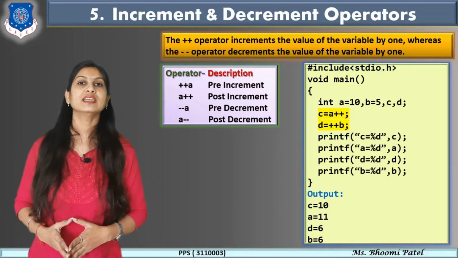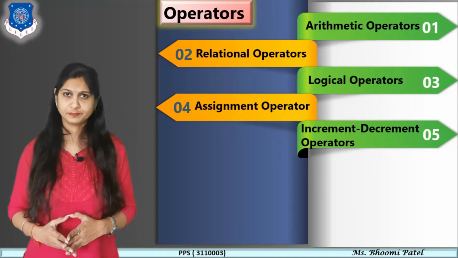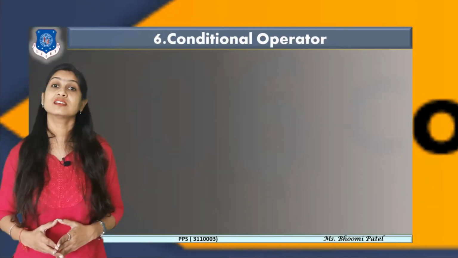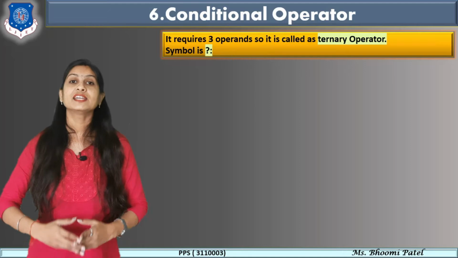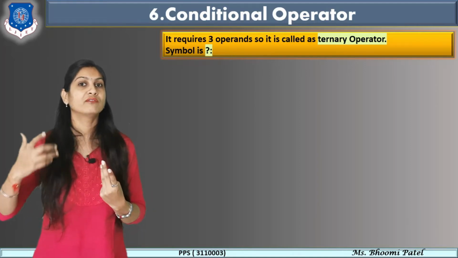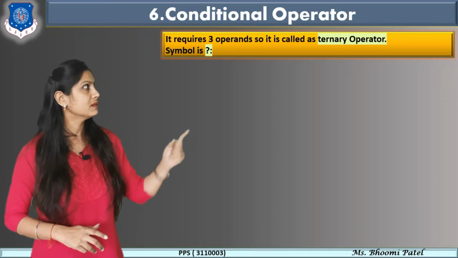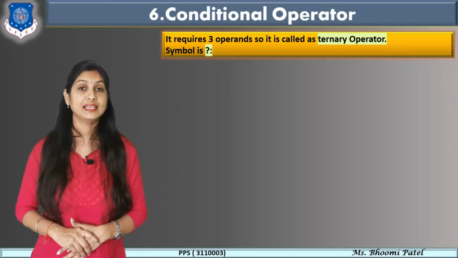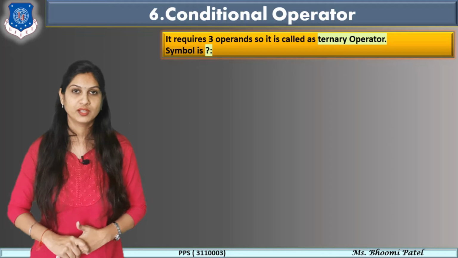And the next one is conditional operators. It is also known as a ternary operator. Why? It requires 3 operands. So 1, 2 and 3, the word is ternary, and the symbol used for this operator is question mark and colon.